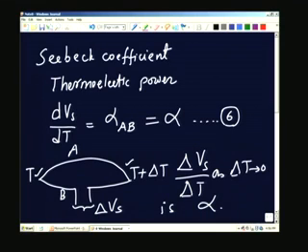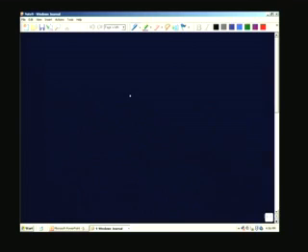This is just a useful way of describing the Seebeck effect. Now, let us look at the entropy generation which is going to take place in such a system. We are of course going to say that the entropy generation is 0.